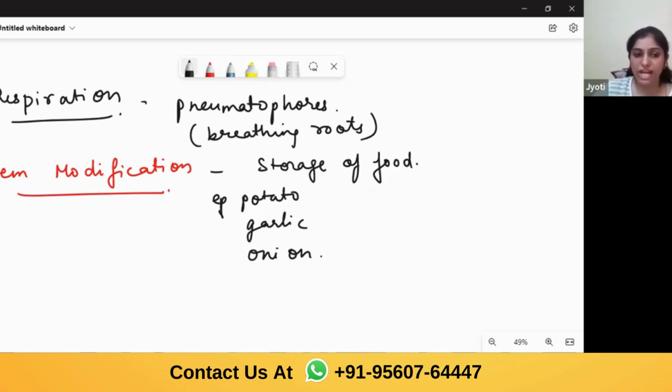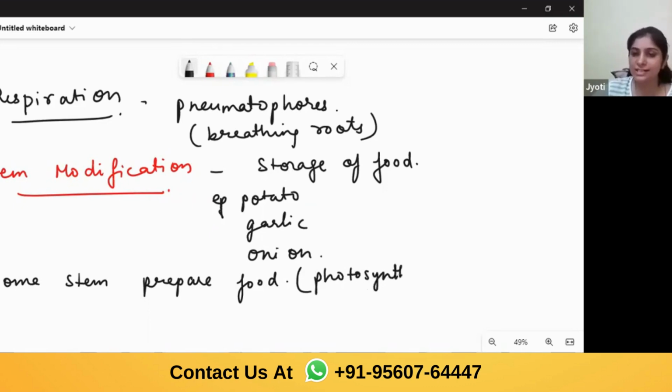There are some stems which can prepare the food also. Can anyone tell me? Just now we have discussed also. There are some stems which can prepare the food, or I can say they can photosynthesize. Like photosynthesis is done by leaves. But in some cases, stems do the photosynthesis. Which plants?